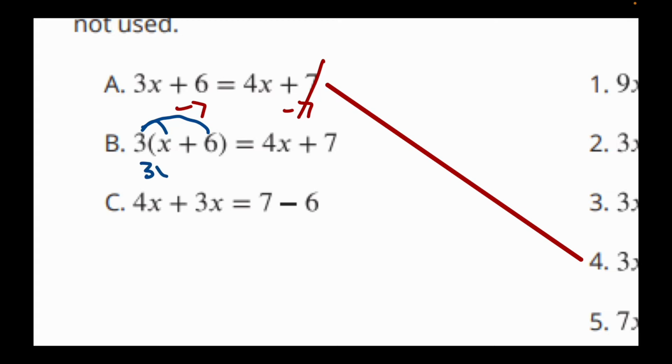This would be 3x, and 6 times 3 is 18. Now, when I distribute, that's not necessarily a step in the order of operations. That might be involved in simplifying our parentheses, but it's not going to change the value of the left-hand side of the equation. So since I'm not changing the value, I don't have to do anything to the right, and 4x plus 7 can stay the same, and that is okay.